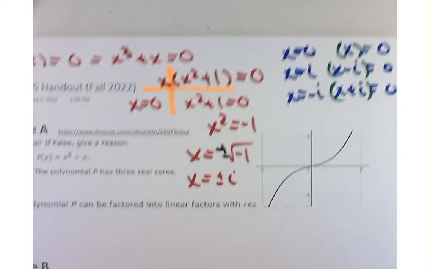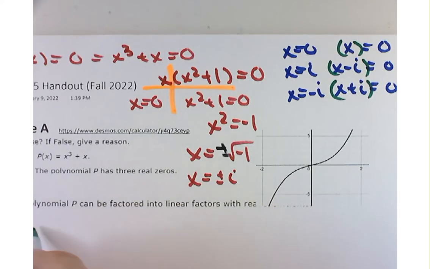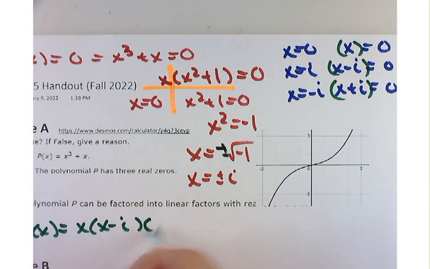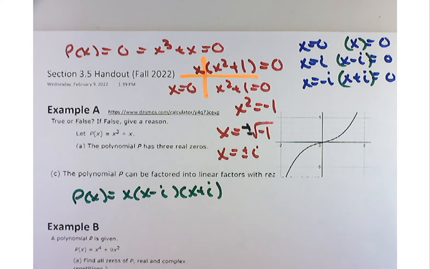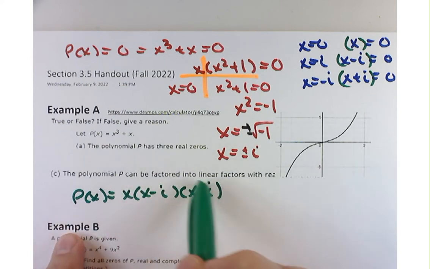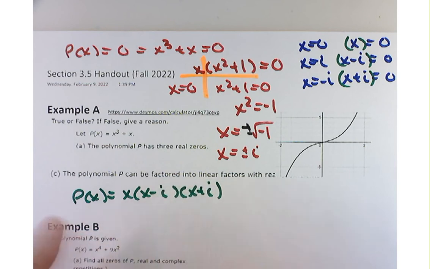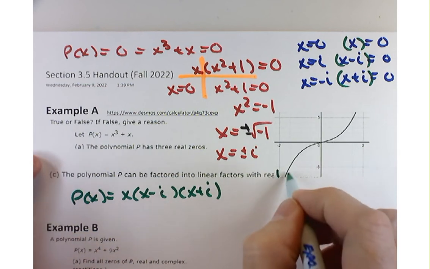So P of x can be written as x times x minus I times x plus I. Now the part that got covered up by my graph here says the polynomial P can be factored into linear factors with real coefficients.